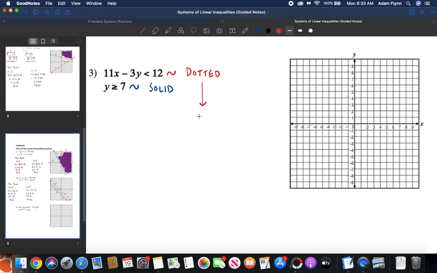It's in standard form, so I know I'm going to have to change it. So I've got 11x minus 3y is less than 12. So I can subtract 11x on both sides.